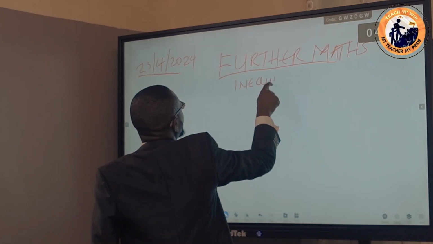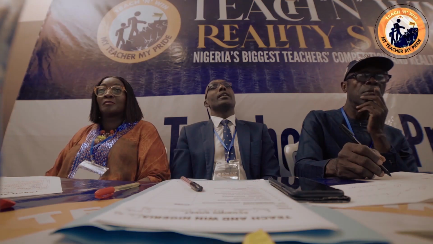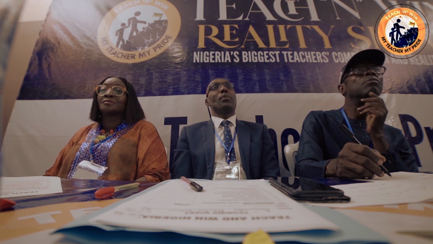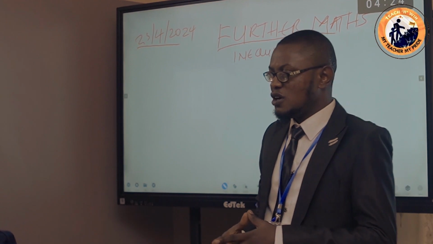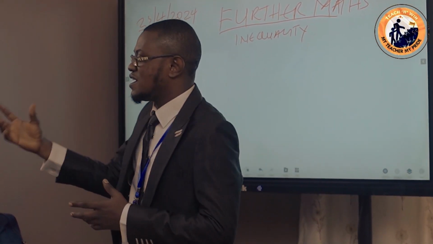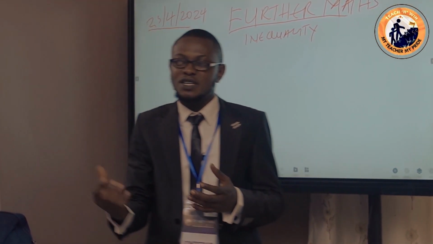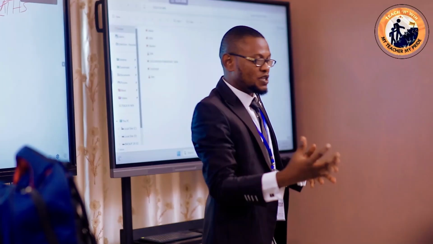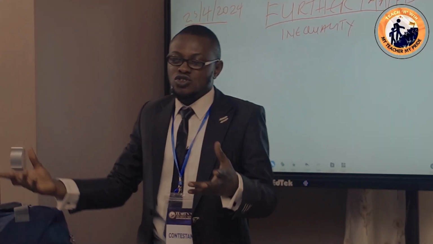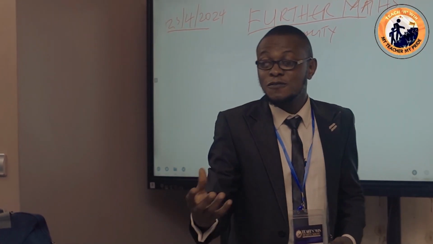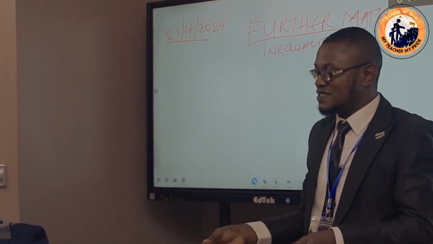Everybody say inequality. Inequality. In life, we do a lot of comparison, where we compare sizes, like weights of objects compared to others. If you check your classroom, if you check your flask, your fruit flask, you will discover that they are of different sizes.